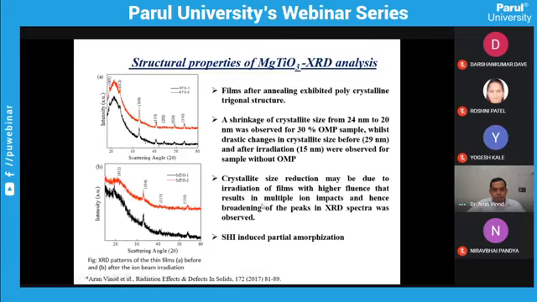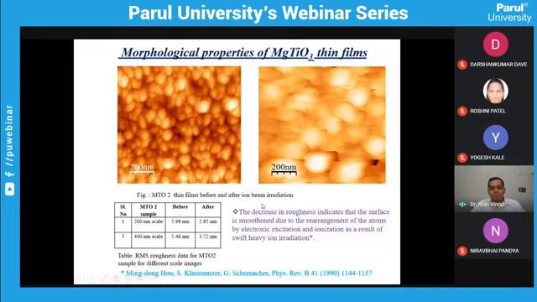In the case of morphological properties of MgTiO3 films, before irradiation the RMS surface roughness was around 6 nanometers, and after irradiation it drastically reduced to around 3 nanometers.